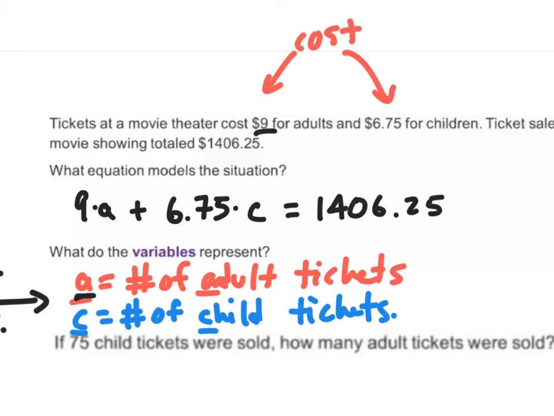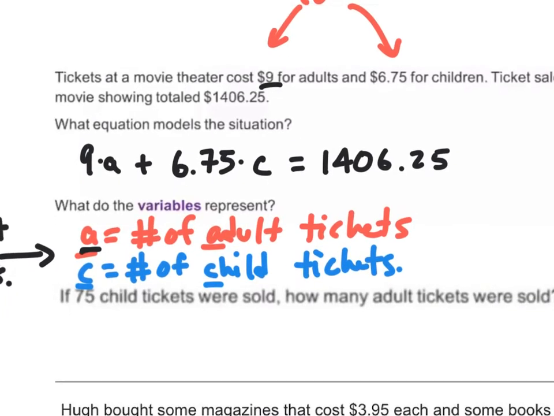So again, I take $9 times the number of adult tickets, that gives me a total amount. I take $6.75 times the number of child tickets, that gives me a total amount. I add those two numbers together and it gives me $1,406.25.